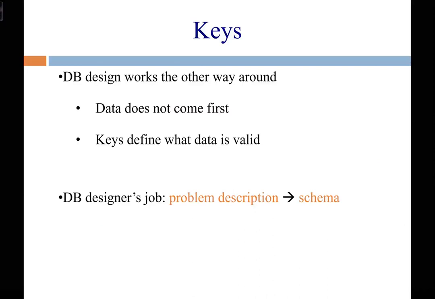So a database designer's job is to take the description or knowledge of the problem and produce a schema. The schema is the definition of the meaning behind the data. This is analogous to you as a programmer: you take some description of a problem and you design code or an algorithm that solves it.